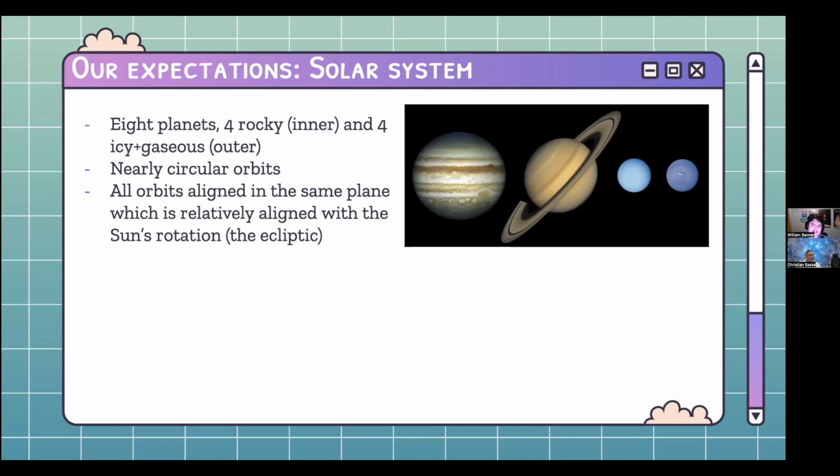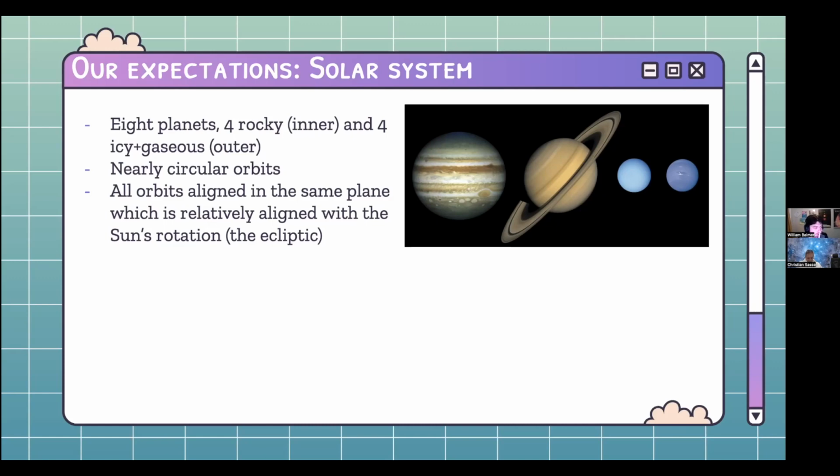But the big planets, the 8, all orbit on nearly circular orbits around the sun, which is an interesting coincidence. And they all orbit in effectively the same plane, which is relatively aligned with the sun's rotation. So we call this the ecliptic plane. And if you go out at night and you look for planets, that's where you're looking for them.